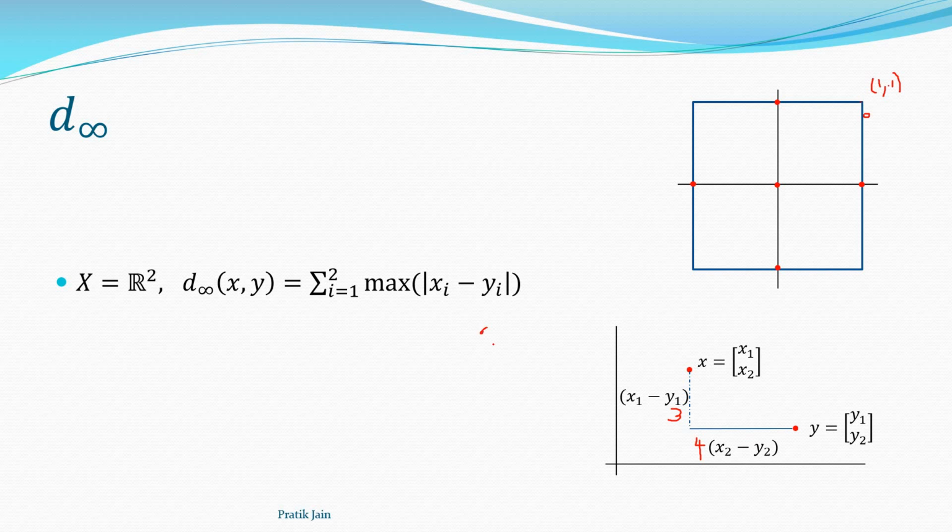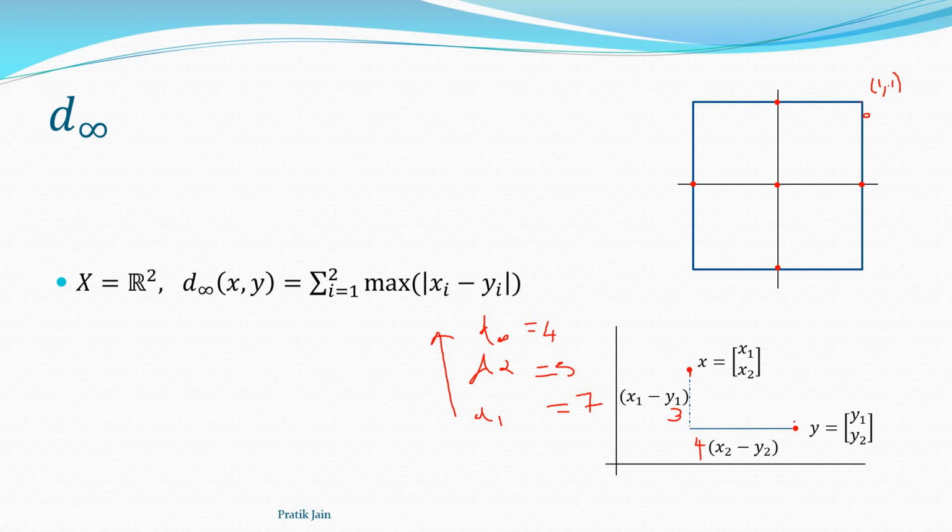So for d infinity we got 4, for d2 we got 5, right, and for d1 we got 7. So you can see as this increases, your distance actually reduces. So d1 is actually the largest because you have to travel the largest. D1 is you have to go from here to here. That is your d1, right?